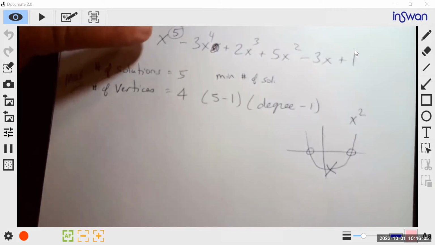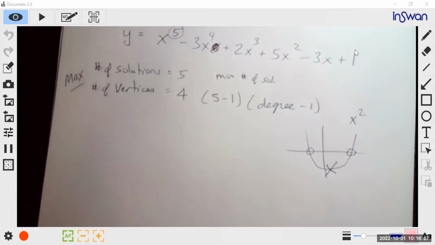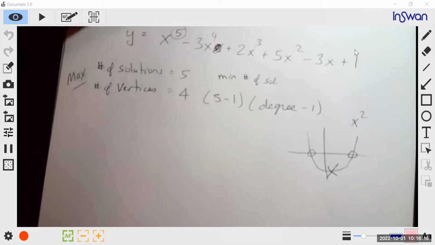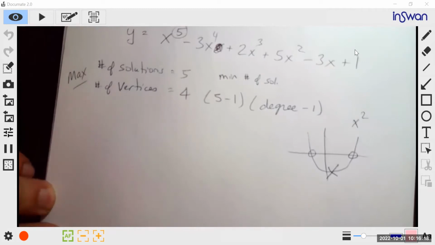If the degree is 5, maximum is 5, what's the minimum? 2? Why 2? Because it's the smallest number on the.